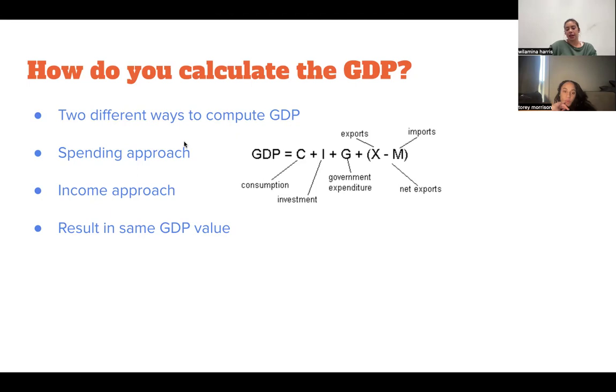And then the income approach is made up of employee compensation, rent, interest, and profit.